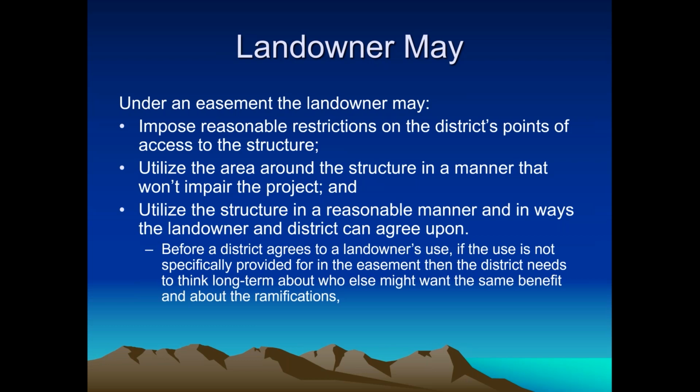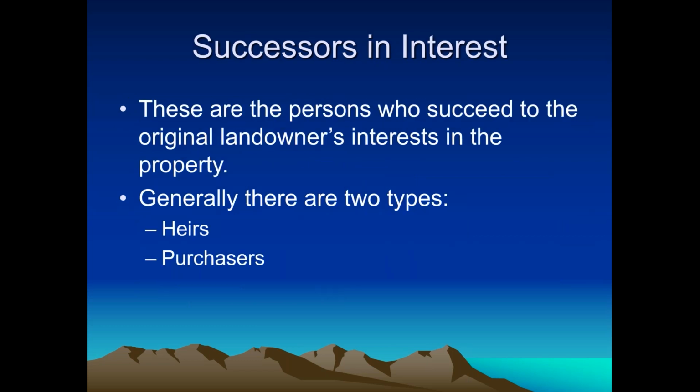Well, there is some natural wear and tear when they do that. There are some ramifications that come about with that. And once that landowner leaves, is that something that you're going to allow subsequent landowners to also do? And is there anything that needs to be discussed specifically on wear and tear and other issues that need to be addressed? So project sponsors need to be thinking about these things when they're dealing with landowners.